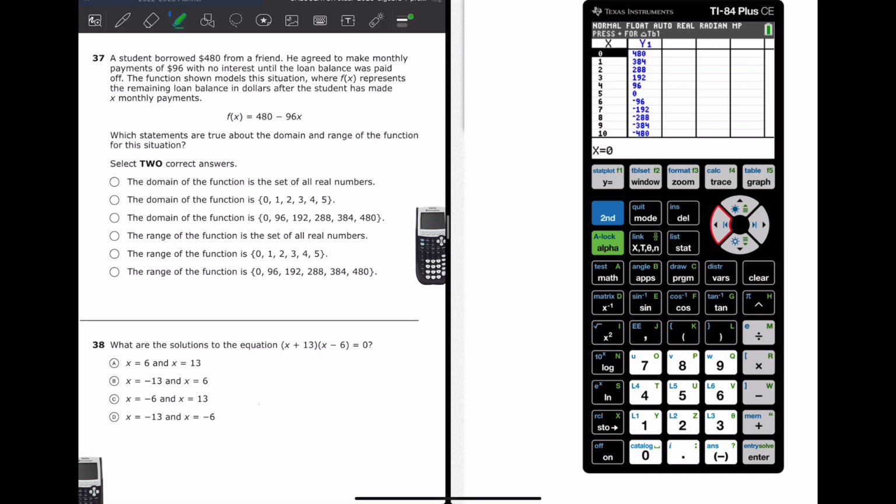Remember, domain is the X, range is the Y. Zero across from 480. One across from 384. And I'm going to continue down the table and look for my choice.